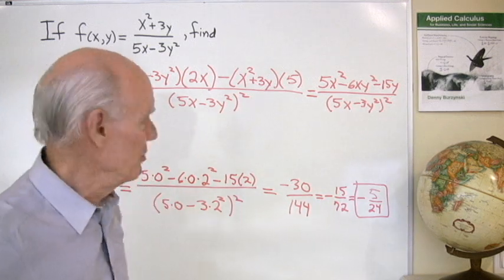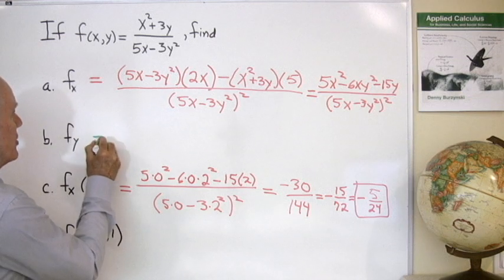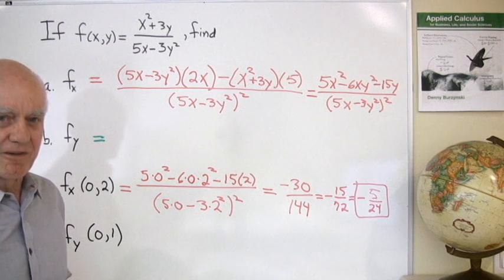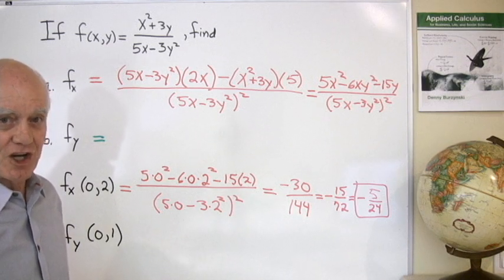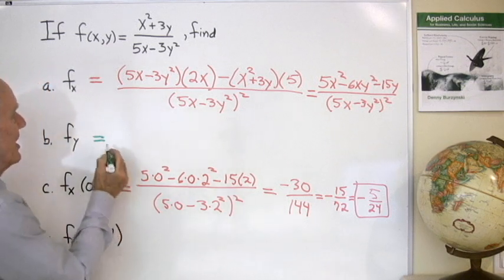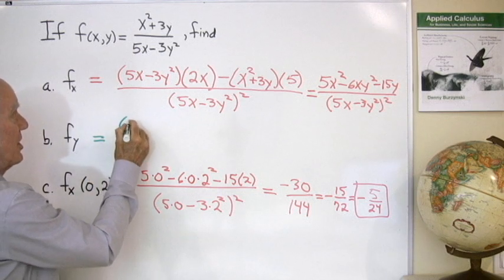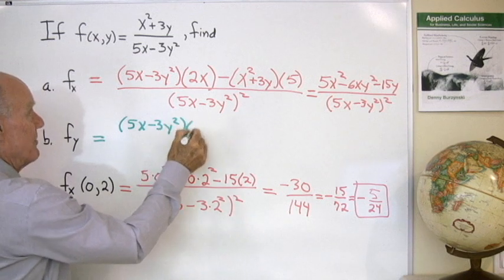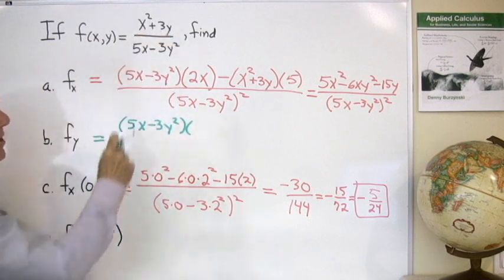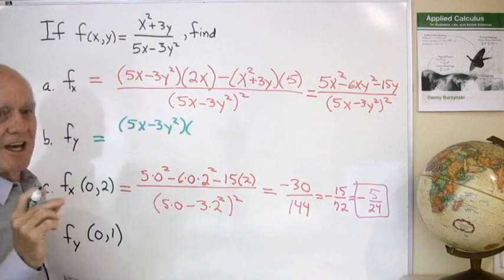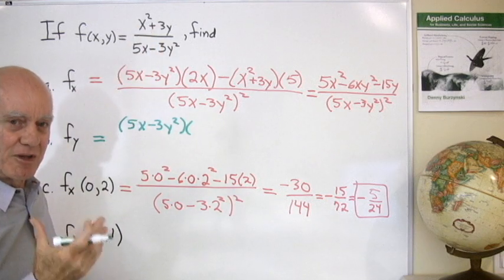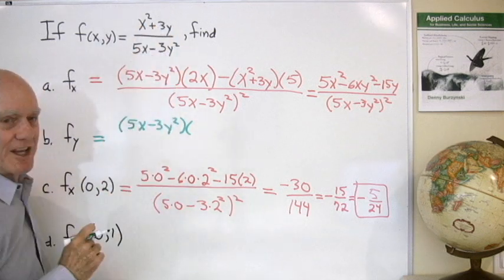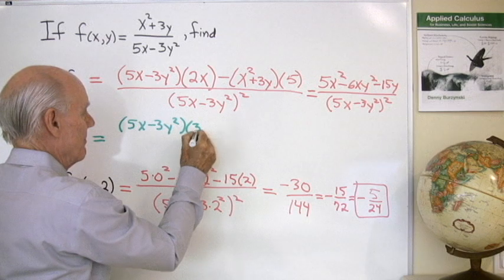Now let's go to the second one. Let's differentiate this same expression, but with respect to y. Now y is the variable, and all the values of x are just constant. I'm going to use my quotient rule. It's the denominator, 5x minus 3y squared, times the derivative of the numerator. The derivative of x squared, if x is a constant, is 0 when differentiating with respect to y, plus I differentiate 3y with respect to y and I get 3.